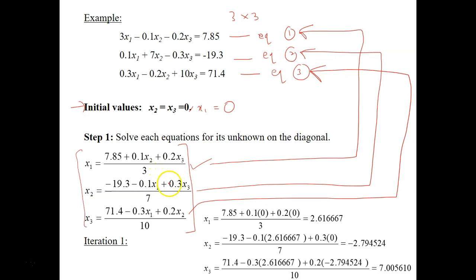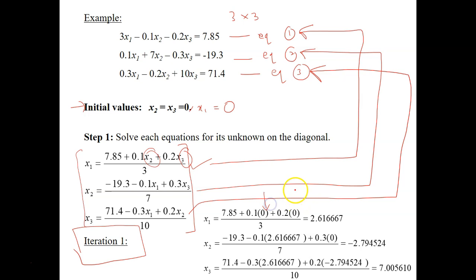This is the step that you have to do first. You have to come up with the formula to calculate your x1, x2, and x3, and only then can you move on to the calculation. So, iteration number 1. Let's calculate x1. So, this is 7.85 from here, plus 0.1 x2 and x3 here.